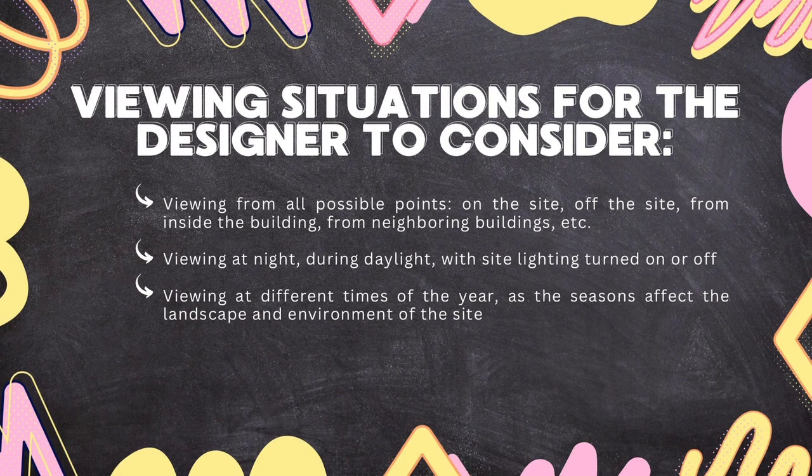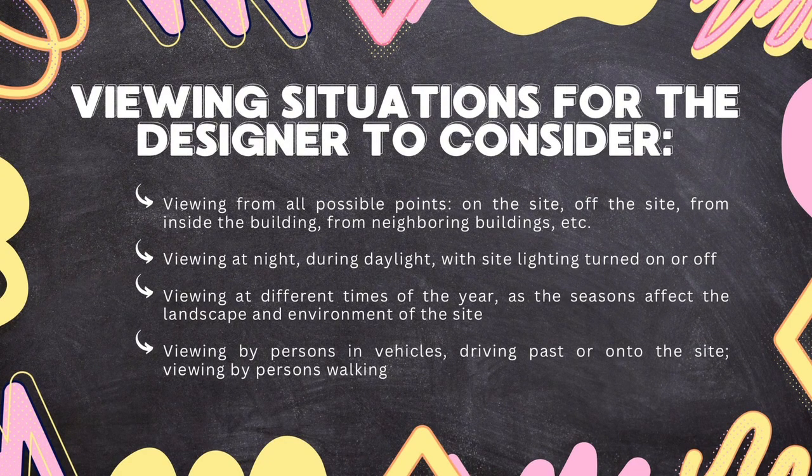Third, viewing at different times of the year, as the seasons affect the landscape and environment of the site. And lastly, viewing by persons in vehicles, driving past or onto the site, and viewing by persons walking.